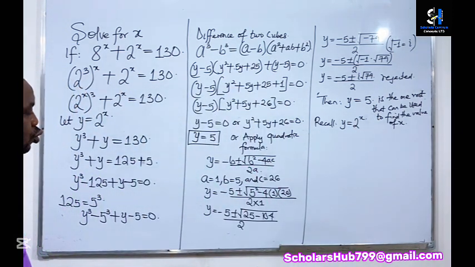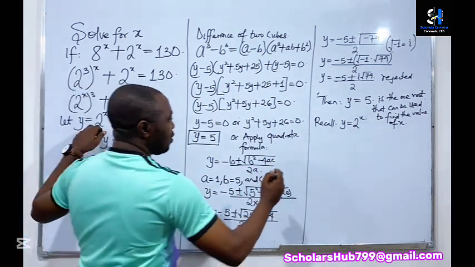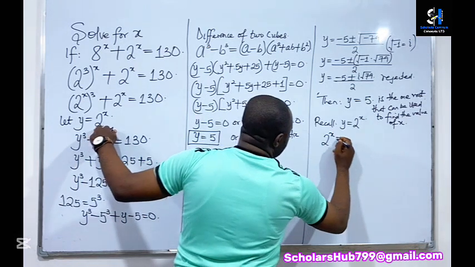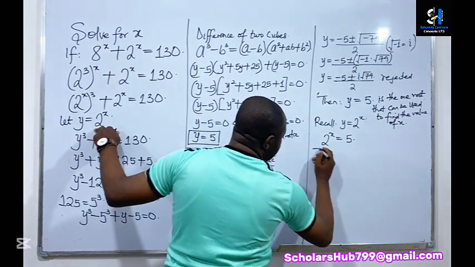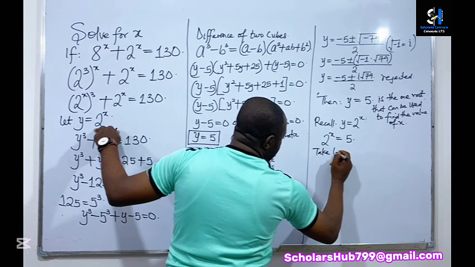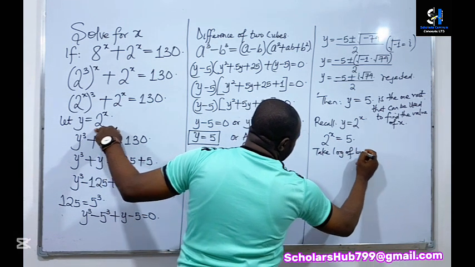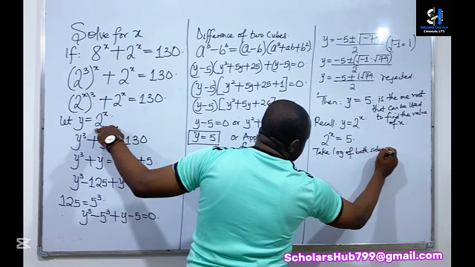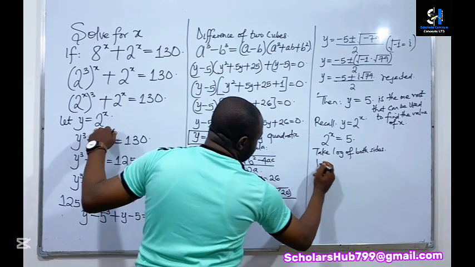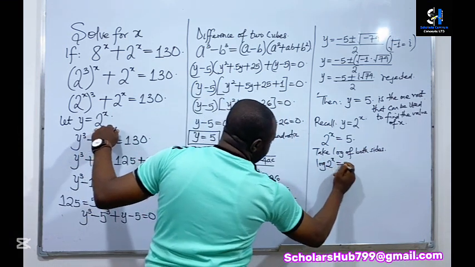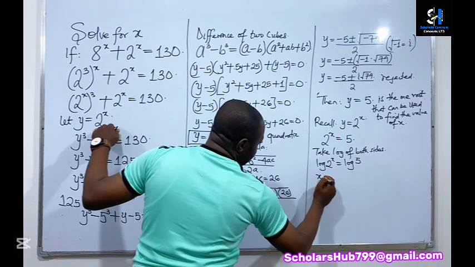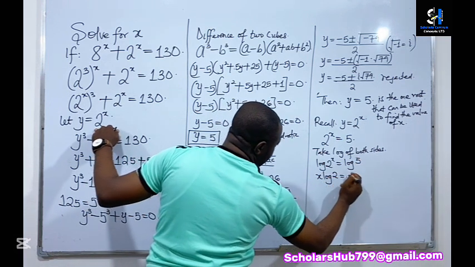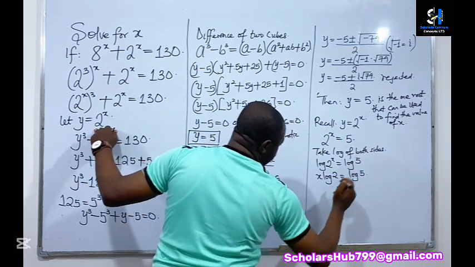So y equals 2 raised to the power of x, so we can say 2 raised to the power of x equals 5. In this case, I'm going to take log of both sides. So this will be x log 2 equals log 5.